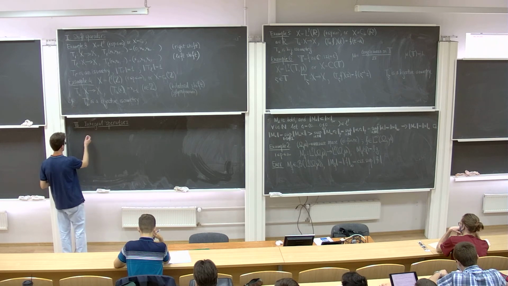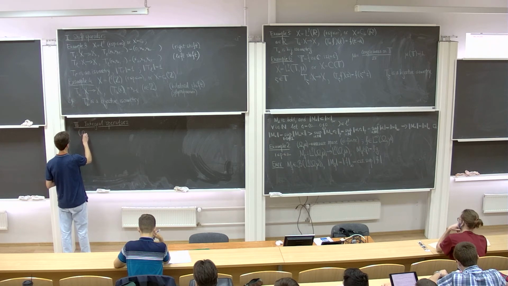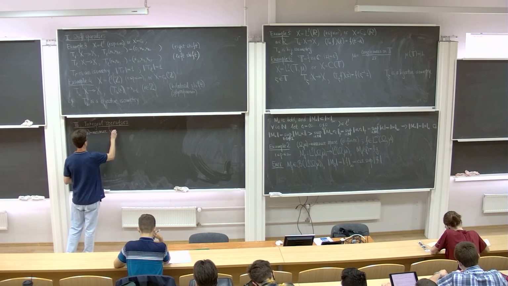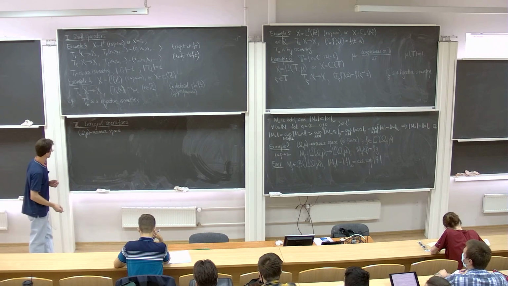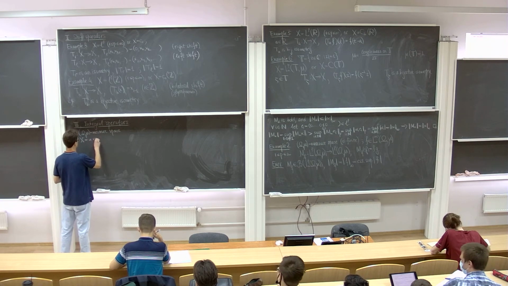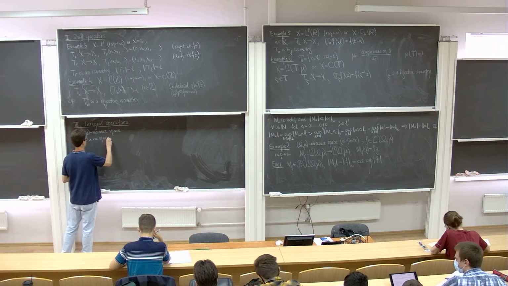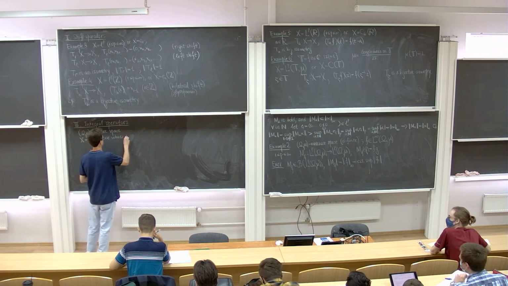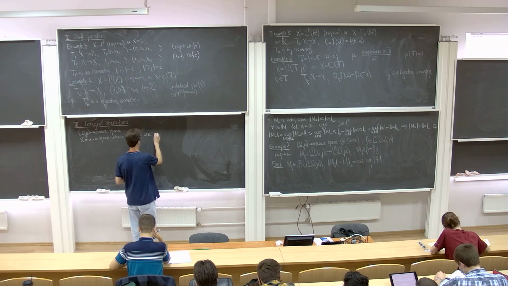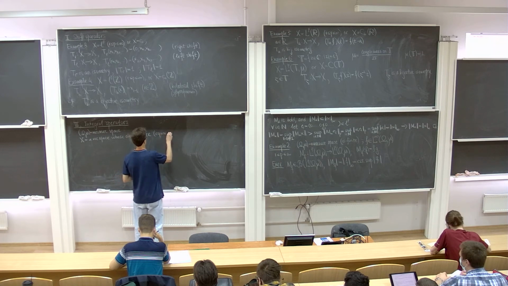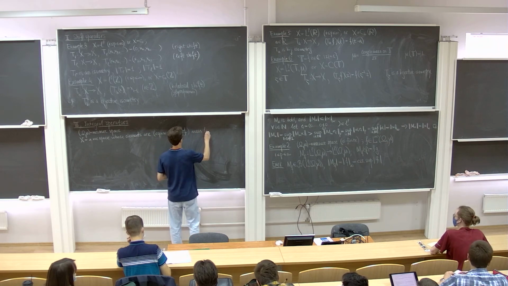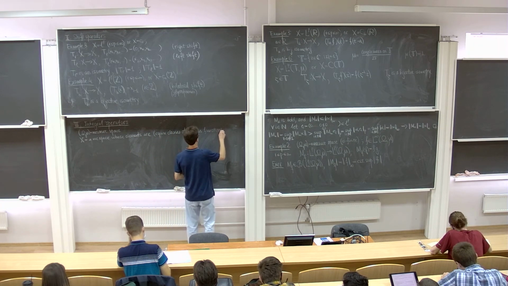Okay, so suppose we have a measure space, omega, mu, and suppose that X is some vector space whose elements are measurable functions, or to be more precise, equivalence classes of measurable functions on omega.